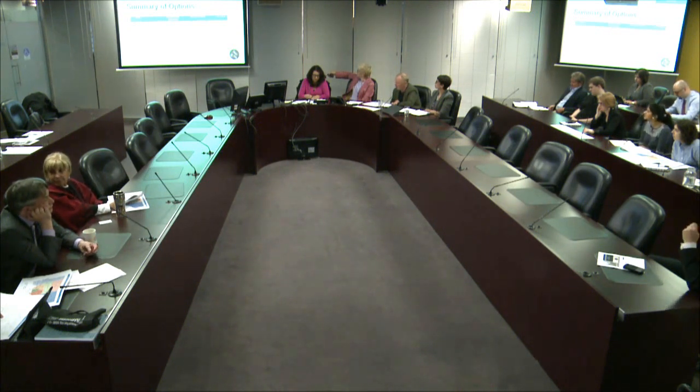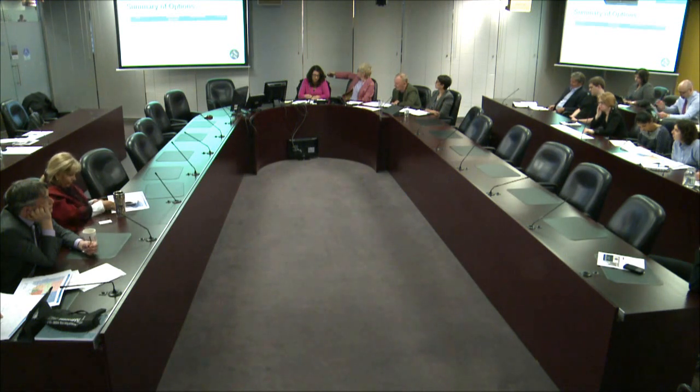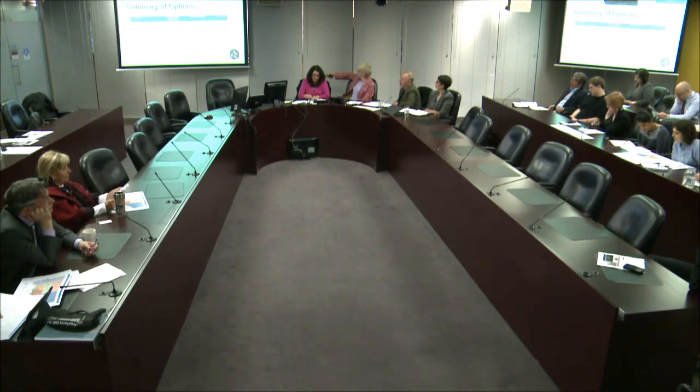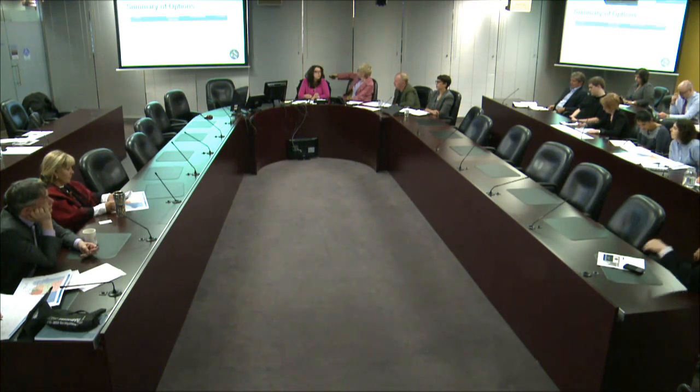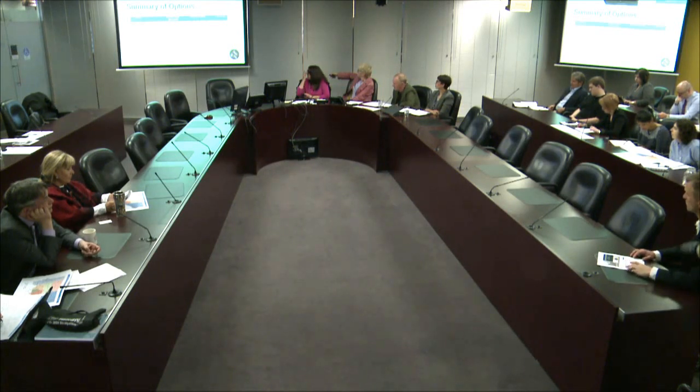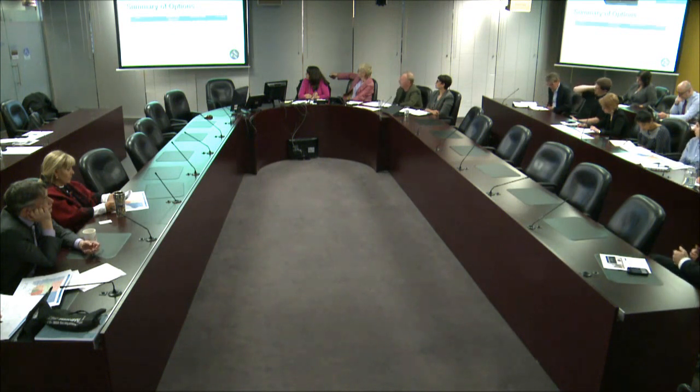The small ward option was based on an average ward size of 50,000, and the large wards was 75,000, and the natural and physical was 70,000. And of course, they all yielded different numbers of wards. So the minimal change option was 47 wards. Of course, the 44 ward option was 44. The small ward option was 58. The large wards was 38, and the natural and physical boundaries yielded 44 wards.